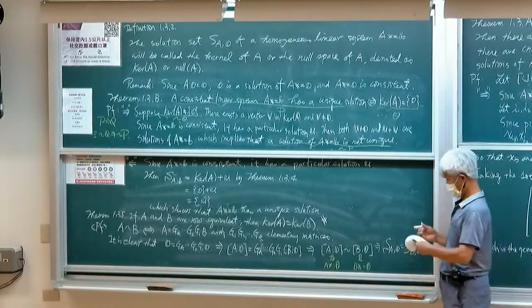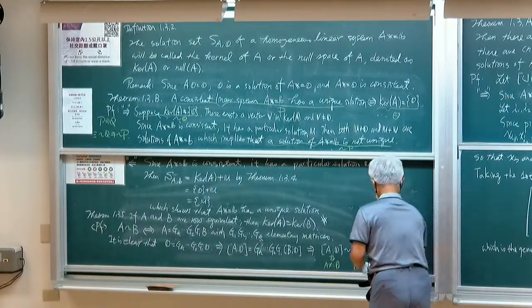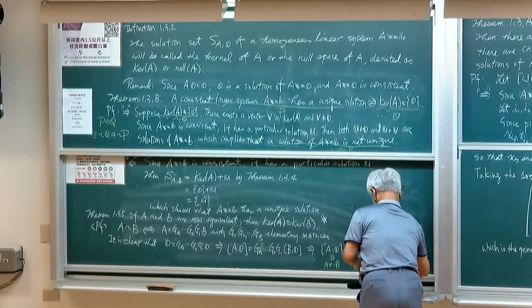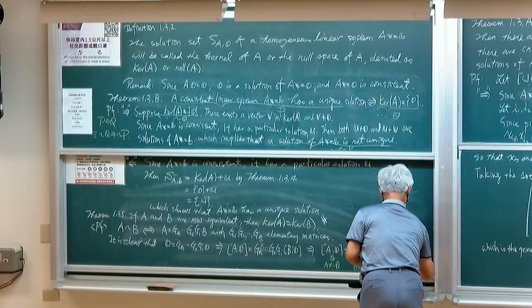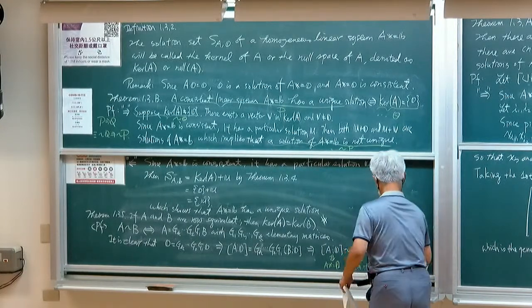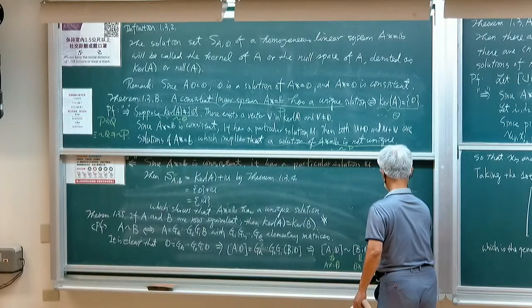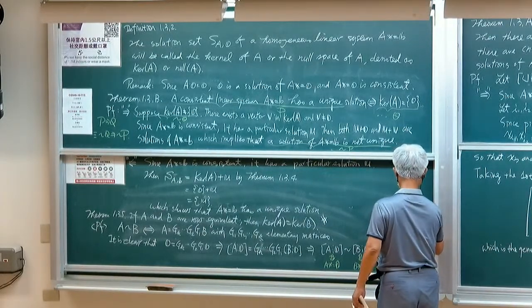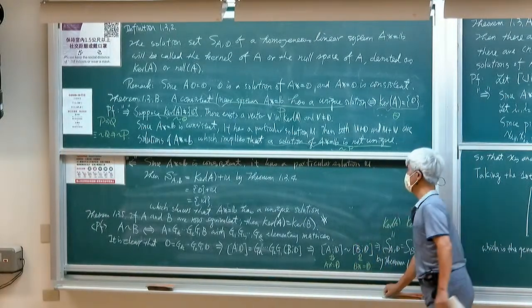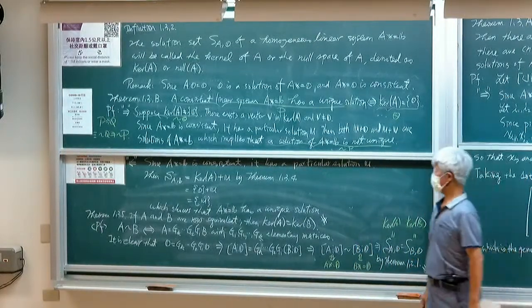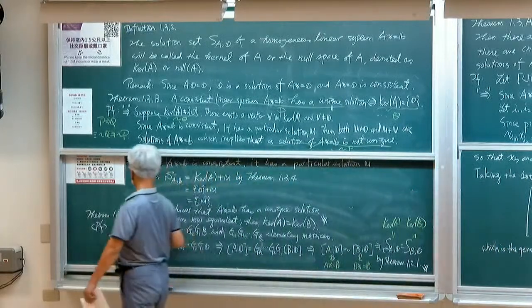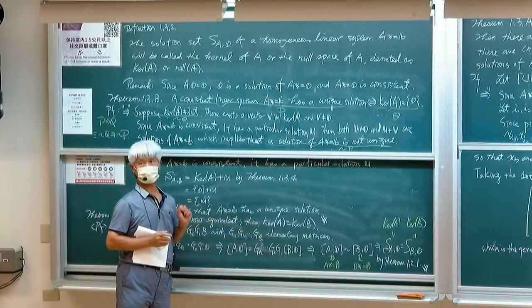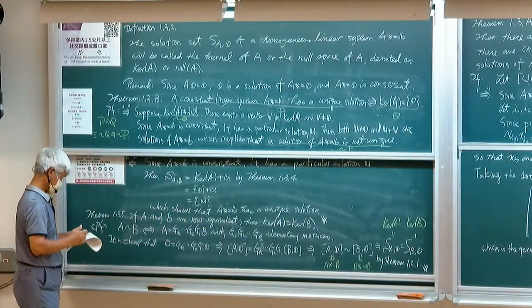By a theorem we proved before, Theorem 1.2.1, this is equal to the kernel of A, and by definition, this is equal to the kernel of B. So if two matrices are row equivalent to each other, then they have the same kernel.